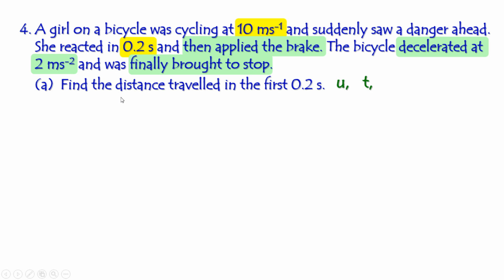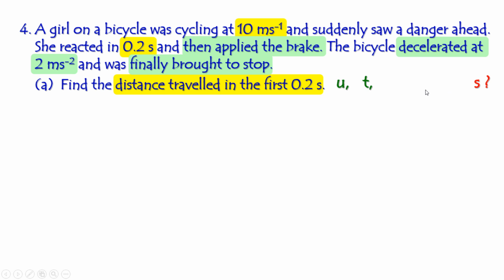The question asks you to find out the distance travelled in the first 0.2 seconds. Okay, that means the yellow part, not the green part. The initial speed is 10, and the time taken is 0.2 during the first part of the motion. Can you find out the distance travelled? We need one more information.